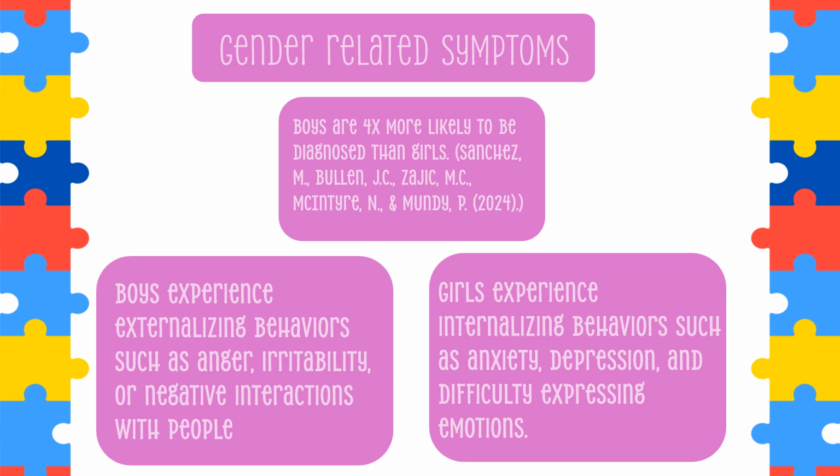For example, boys typically experience behaviors such as anger, irritability, or negative interactions with people, whereas girls experience symptoms such as anxiety, depression, and difficulty expressing emotions. According to my research, boys are 4 times more likely to be diagnosed than girls. To conclude, girls typically go undiagnosed until their adult years.